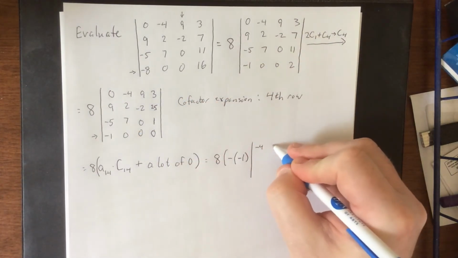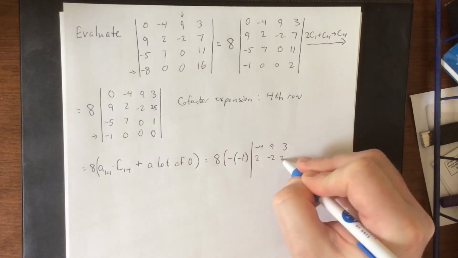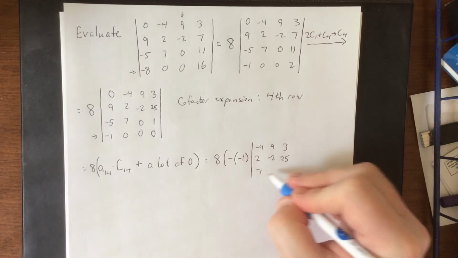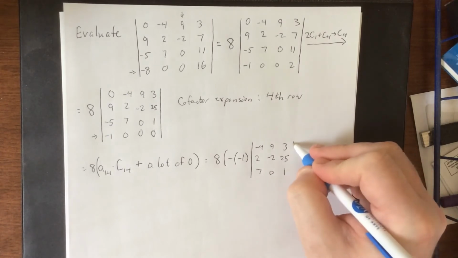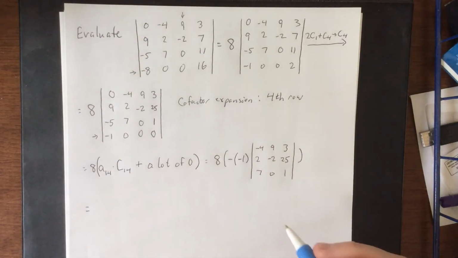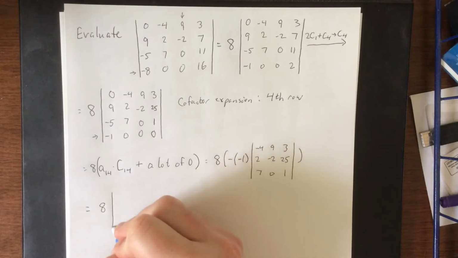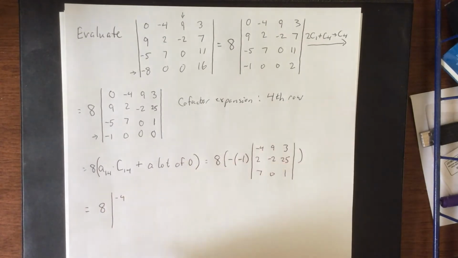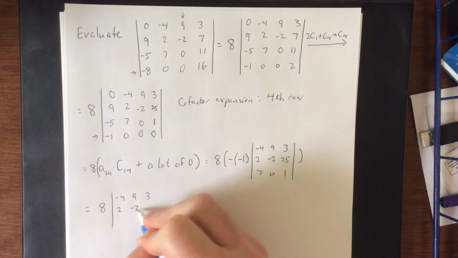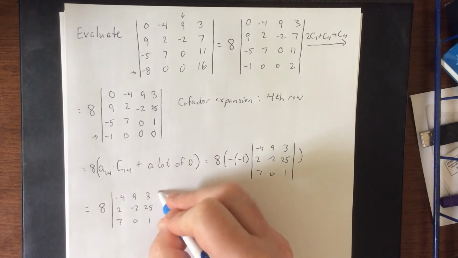So it'll be -4, 9, 3, 2, -2, 25, 7, 0, and 1. I'm going to pretty this up just a little bit, and we'll call that +8 times this 3 by 3 determinant. So -4, 9, 3, 2, -2, 25, and 7, 0, and 1.